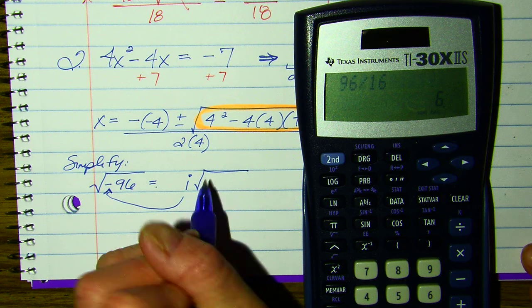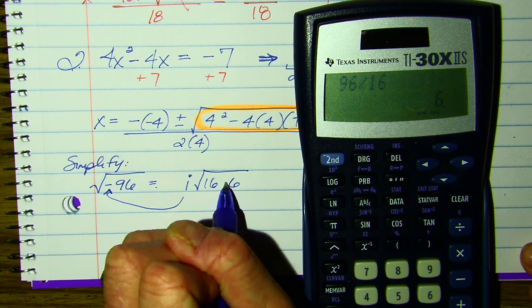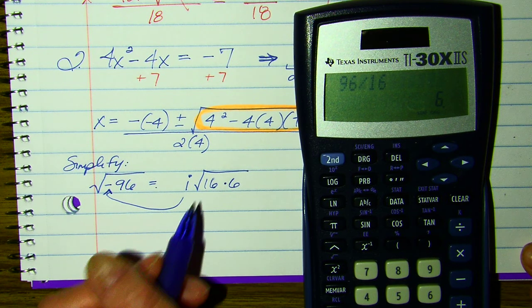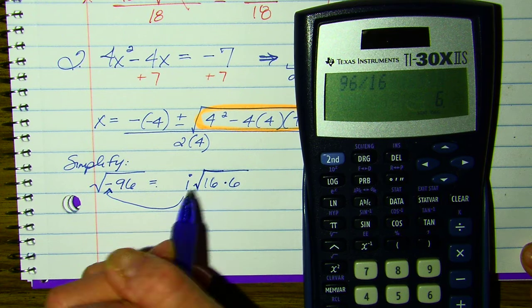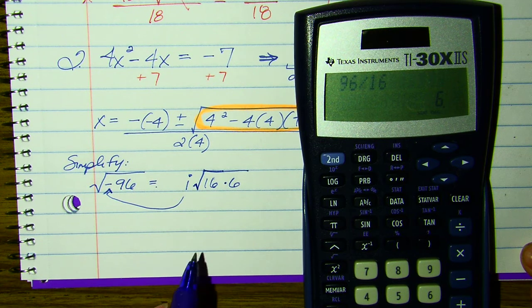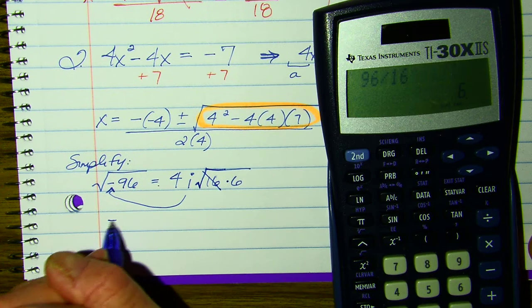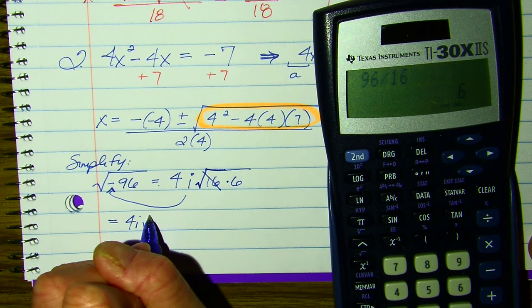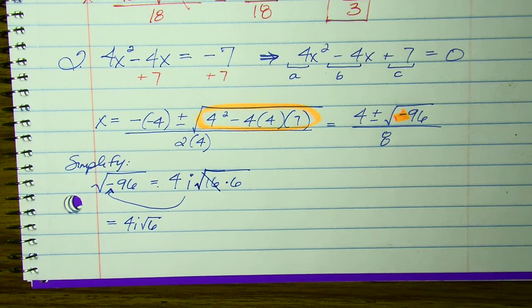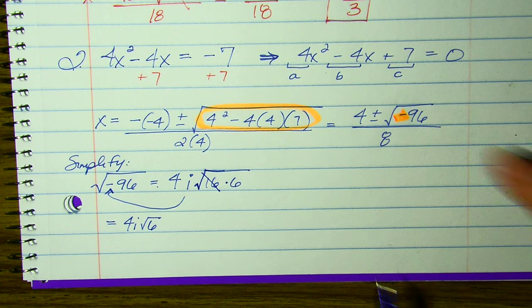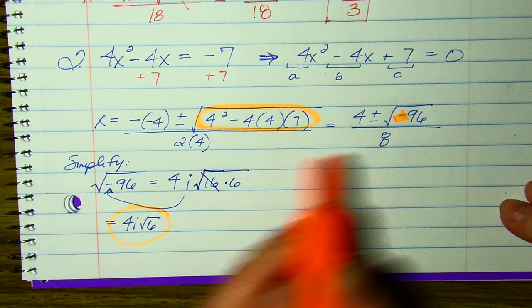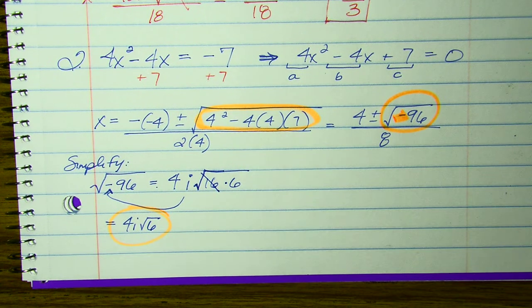Ooh, 16 times 6. Now, I know the square root of 16, which is why I chose this factor. The square root of 16 is 4. So I get 4i root 6. So that is what I'm going to write in place. This is replacing this. Okay?